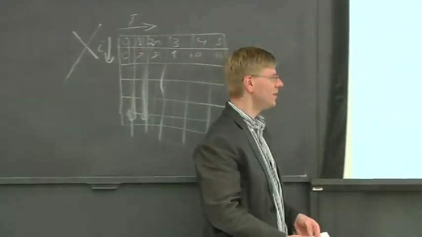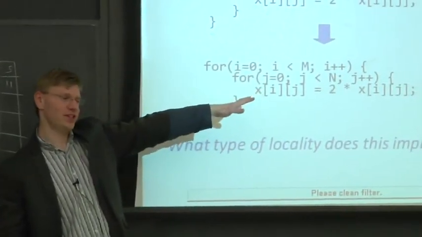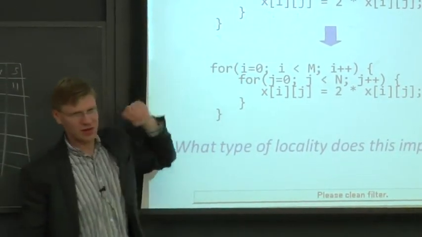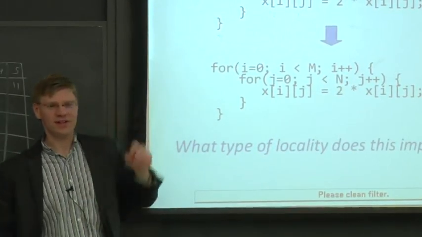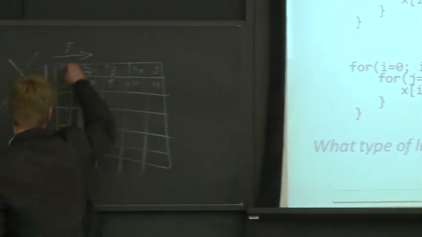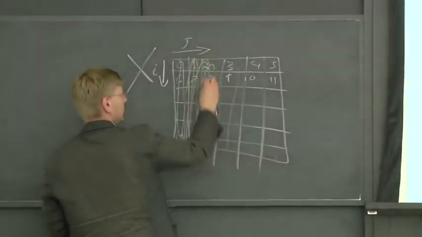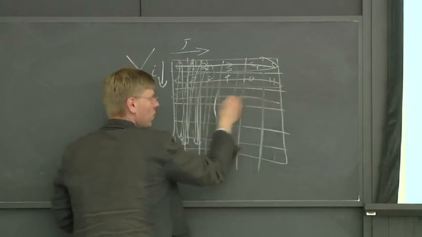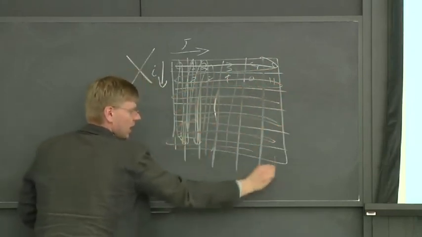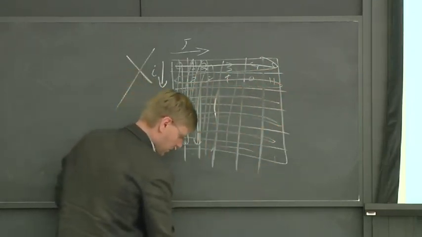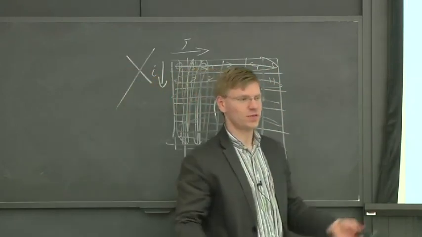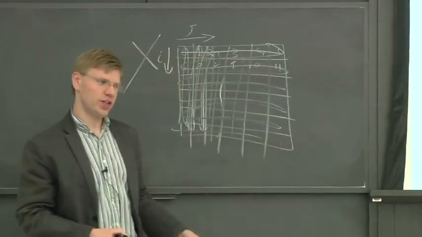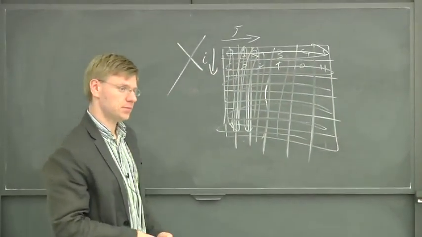Well, lo and behold, if we do the exact same operation, and our compiler can easily detect this, and we just flip the order that we stride through the array, instead of going this way through the array, we'll go that way through the array and get spatial locality perfectly. So by doing a simple loop interchange, life gets a lot better.